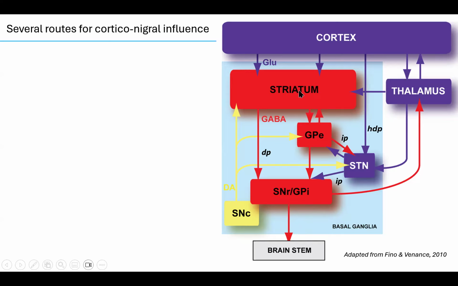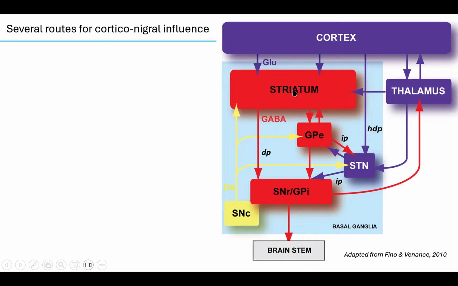The main driving force to the striatum, what you see here in red are inhibitory structures. So most of the basal ganglia is made out of inhibitory nuclei that inhibit each other and cause this kind of inhibition of inhibition, and the movement is released by this inhibition.